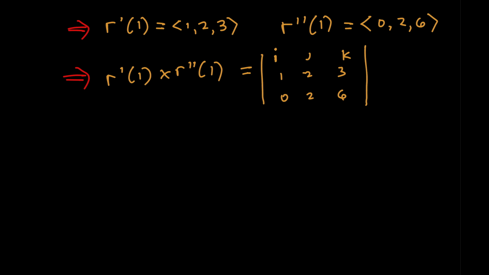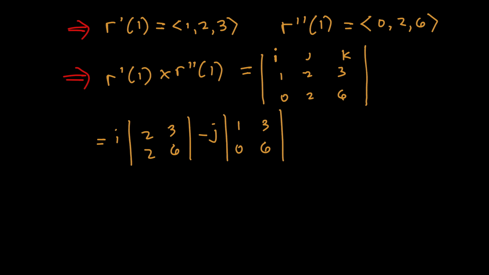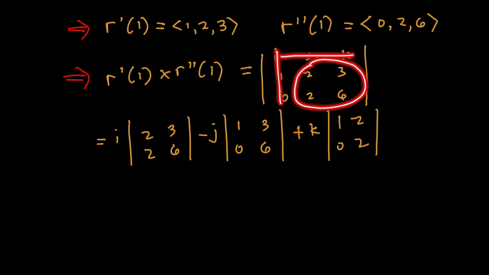So what we have here is the determinant method, which gives this one, minus j of this one, and then you also have k from this one. As a short review, you can obtain this one by removing the first column and the first row. You are left with the constants 2, 2, and then 3, 6.